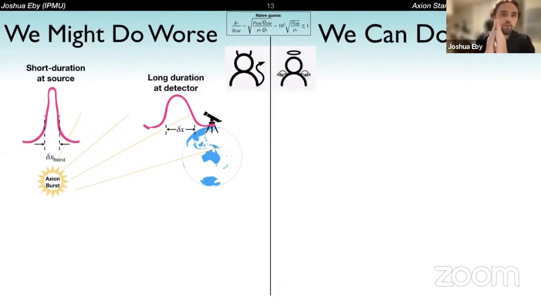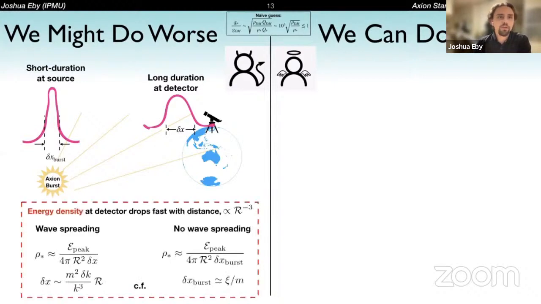So even if you start from a very sharp, high density pulse at the source, by the time it gets to the detector, it will be very wide and low energy density, which sounds very hard to detect. So actually, contrary to what you might have thought, the energy density won't drop as R squared. It may drop even faster as R cubed, the energy density at the detector. So that doesn't look so good.